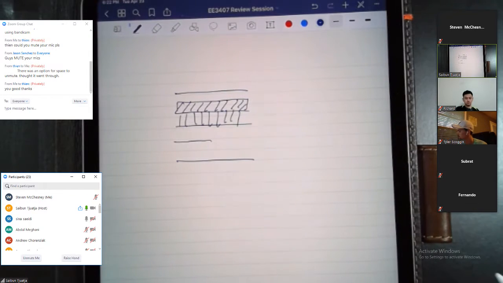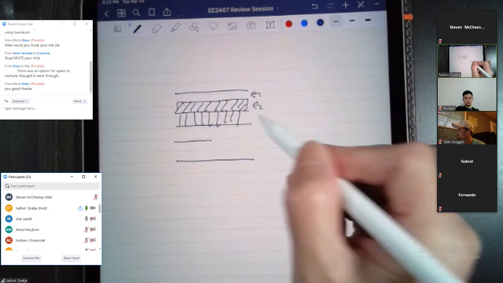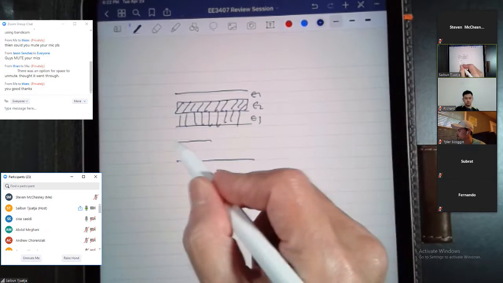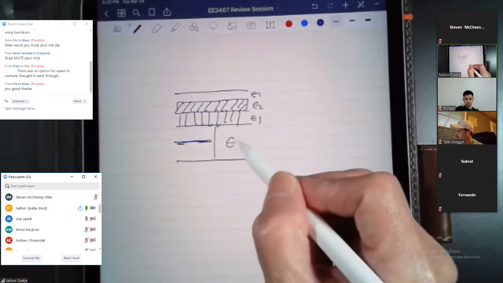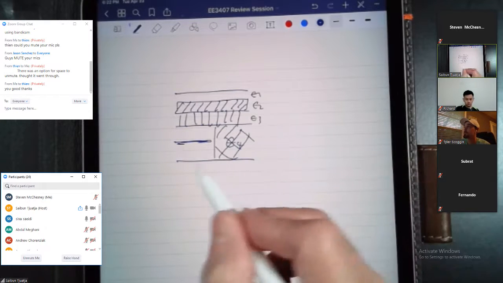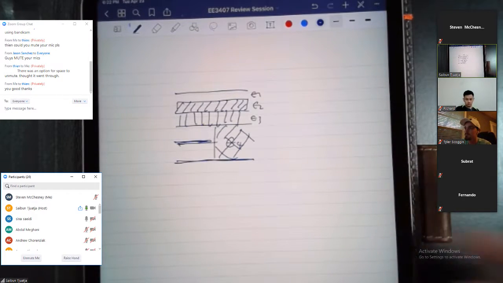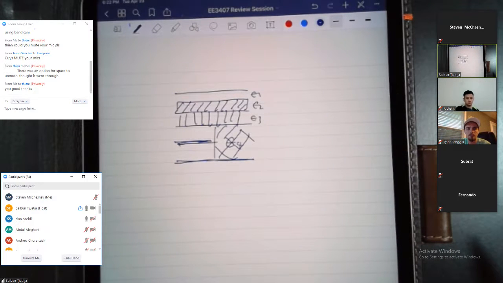I can do all kinds of things. So I have epsilon1 here, epsilon2 here, epsilon3 here, and then I have a conductor over here, and then I may have a different material over here, epsilon4, and so on. If you understand the boundary condition, you can solve this problem easily. Any questions?